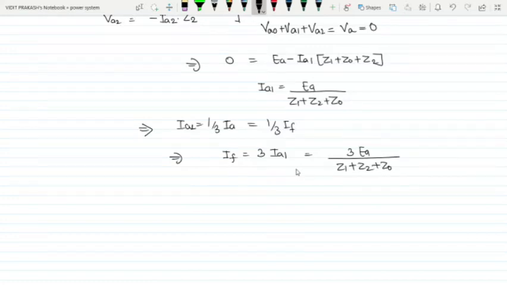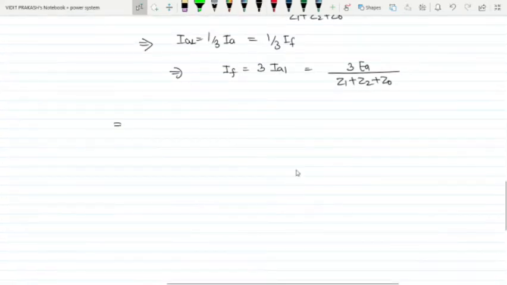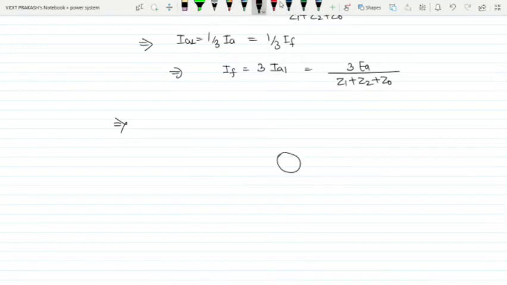Okay. Now how to draw this? This is EA, and this will be Z1, this will be Z2, and this will be Z0.